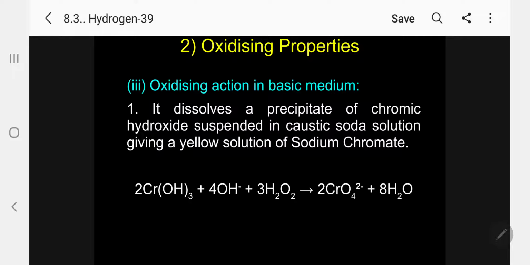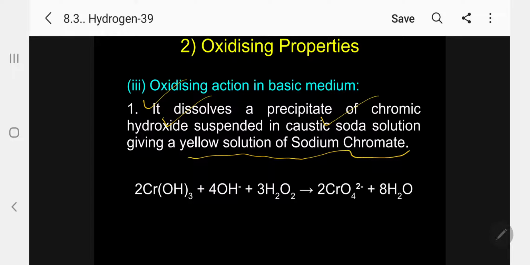Neutral media we have seen, acid media we have seen, now basic media. Hydrogen peroxide oxidizing action in basic media. Hydrogen peroxide dissolves a precipitate of chromium hydroxide in basic media, in caustic soda, that is sodium hydroxide solution, giving a yellow solution of sodium chromate.